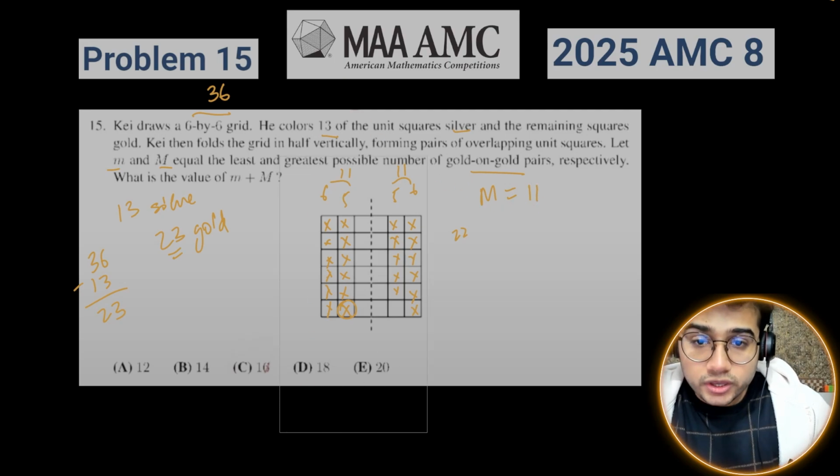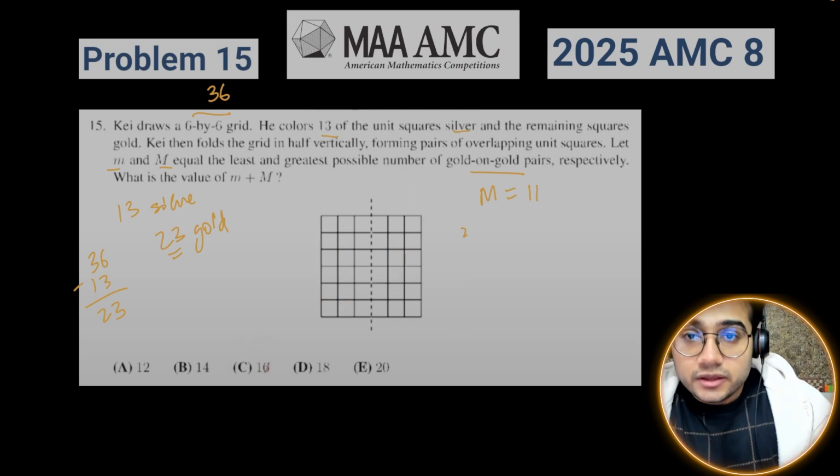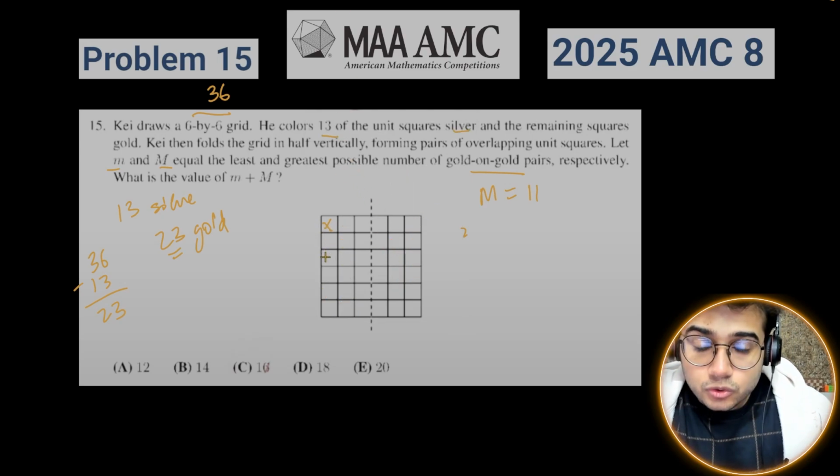So we want to avoid the overlappings. Well, we'll literally just do that. If we have a gold square here, we will avoid the gold square to be here. Okay, we will avoid it. So it shouldn't be here. So how about this? We'll just fill this whole one with gold squares, and then we'll just leave this whole thing empty.